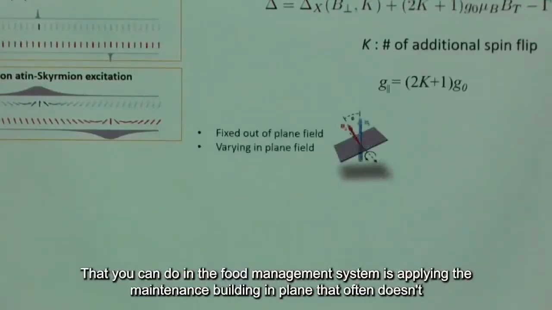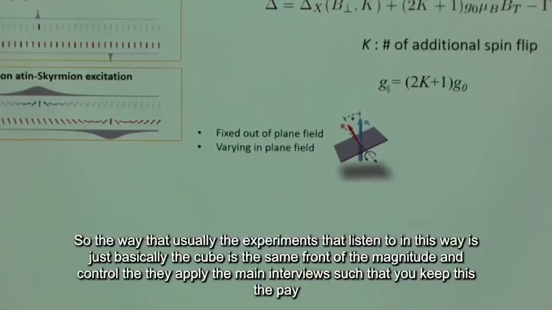So the way that the experiment is usually done is to tilt the sample under the magnetic field and control it such that you keep the perpendicular magnetic field constant, and change the in-plane magnetic field component, such that the in-plane magnetic field only couples with the spin.